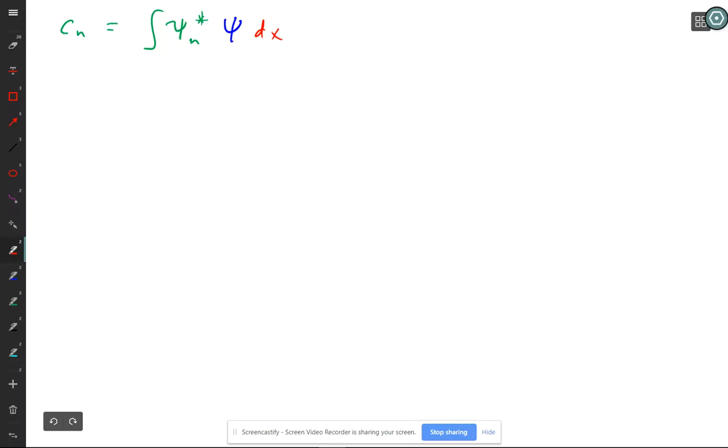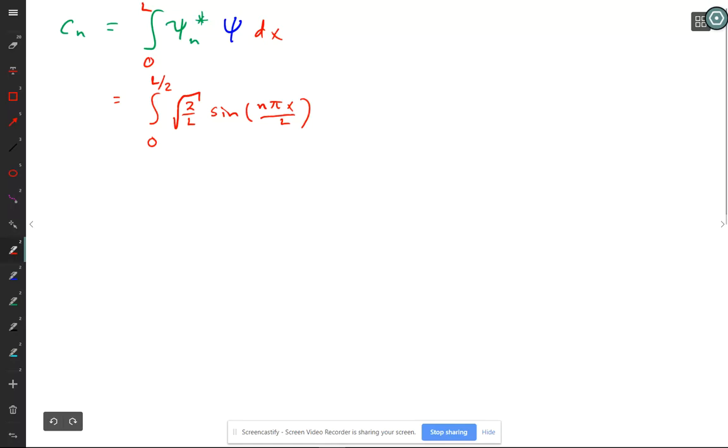And technically it's minus infinity to plus infinity, but once again, that's going to go from 0 to L in our case. So that's equal to, putting in our function, we have 2 pieces because we have the 2 psi's. And psi star is square root of 2 over L sine of n pi x over L.